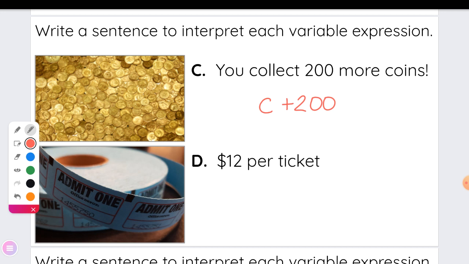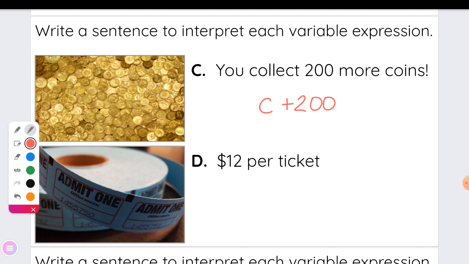$12 per ticket. Chase, how do you think I could show that one? What do we not know? We don't know how many tickets, but if I know it's $12 per ticket, what math problem could I write? That'd be 12 divided by the number of tickets.